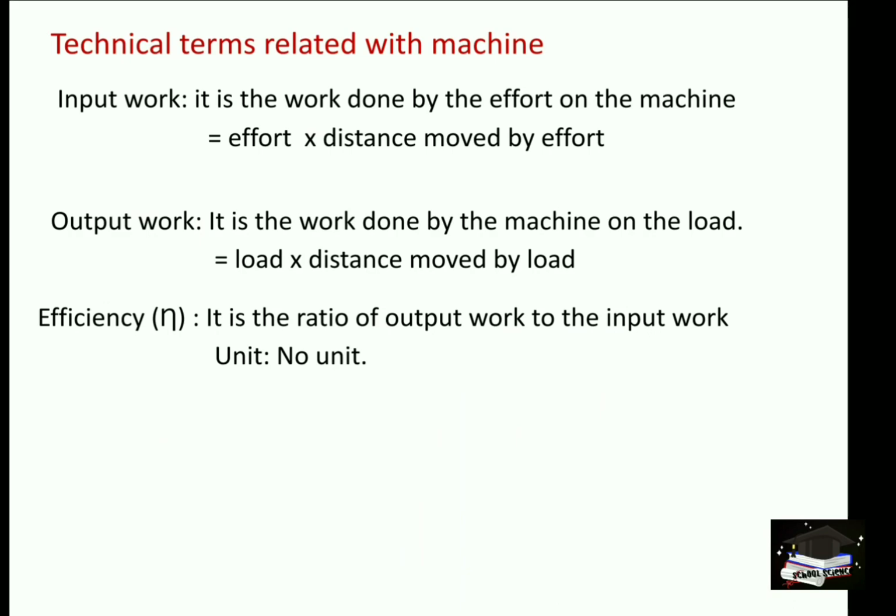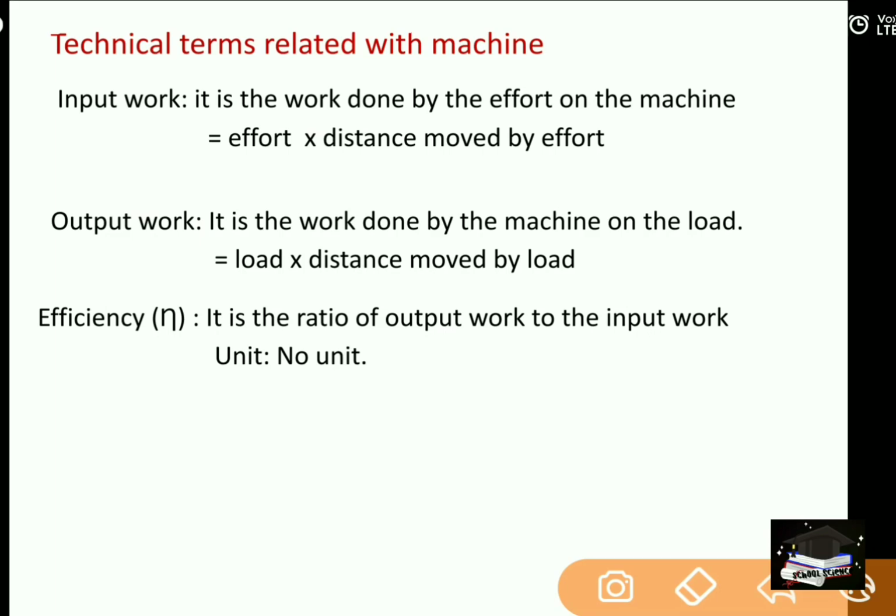Ideal machines are those machines which convert all input energy into output energy. If all input energy is converted into output energy, the machine is called an ideal machine, a perfect machine. And if some of the input energy is lost in the form of heat, which happens in reality, that is called a real machine or practical machine.